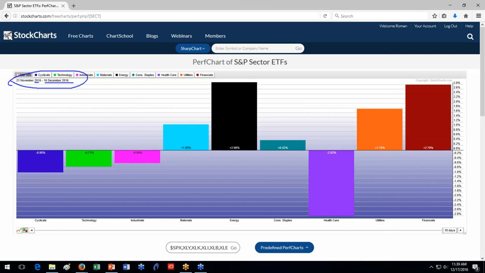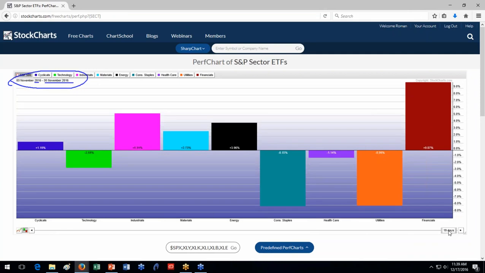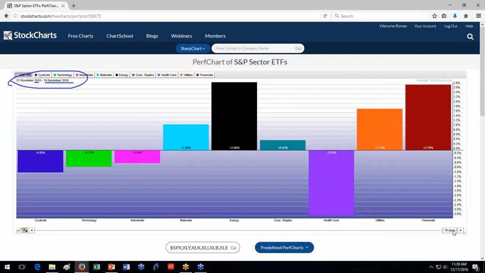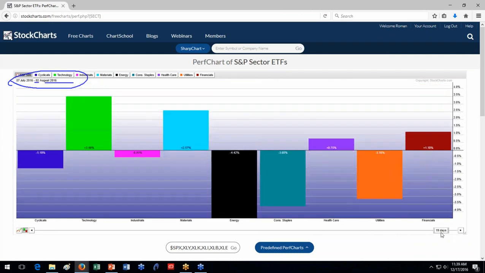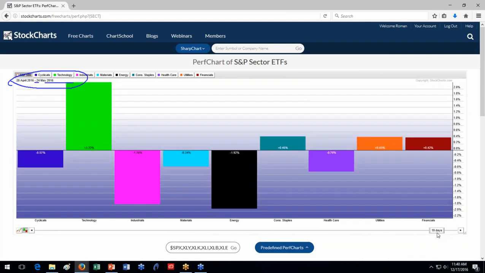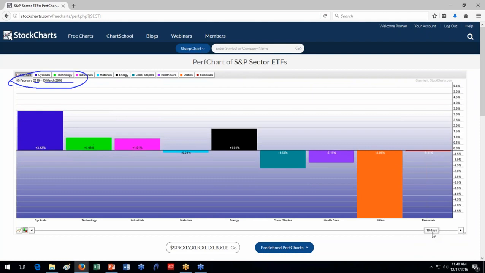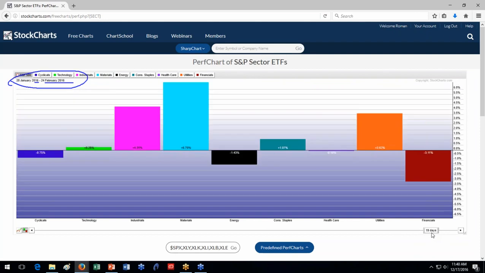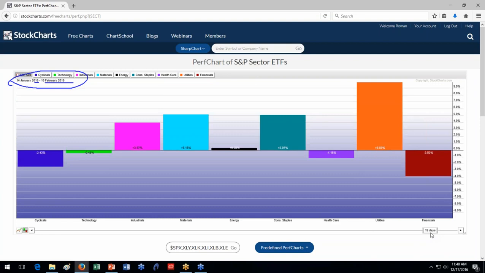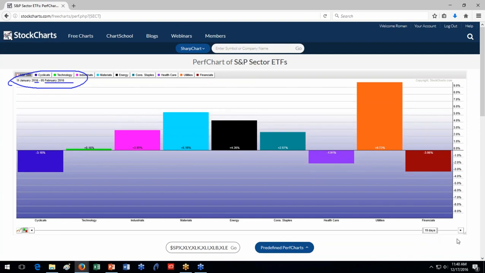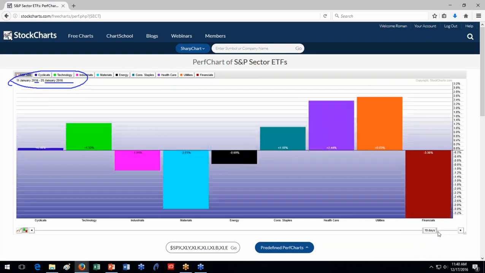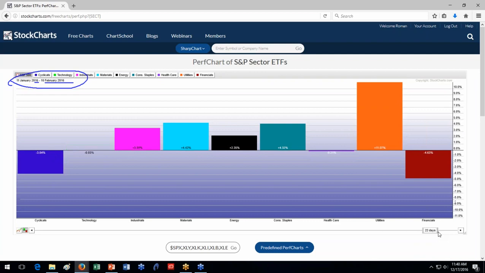So I can find exactly the days that I need. So I know that, let's say, from January 1st, let's say in 2016, okay, so let's say January 11th, and then up to February 5th, and I believe in February we had the February 10th low.